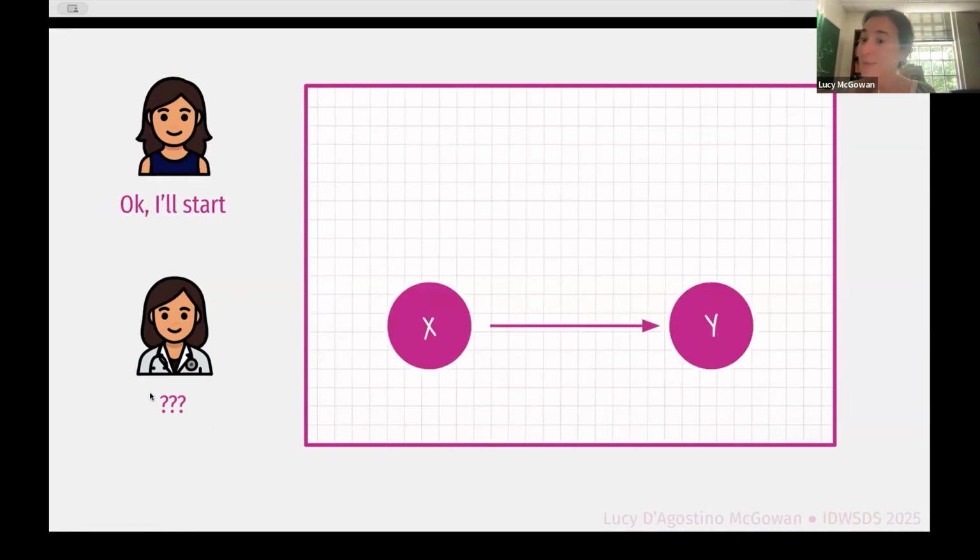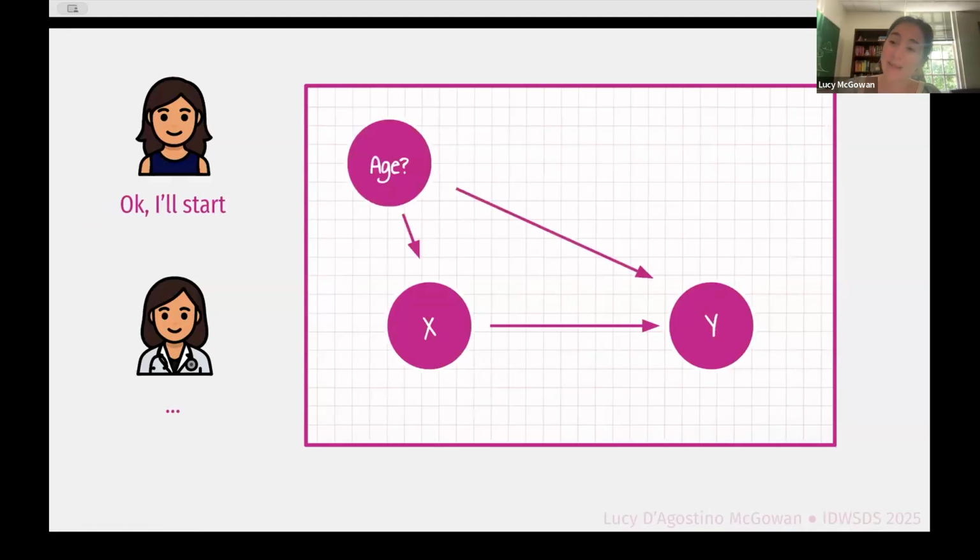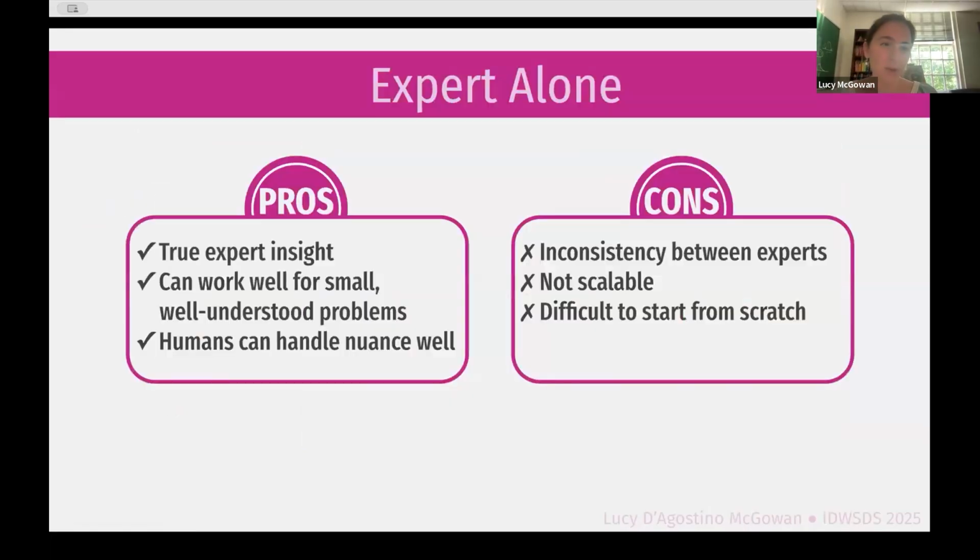And so then I will say something like, okay, I'll start, and I'll say, we're assuming based on the question that you've told me that we think X causes Y. And so now draw all the other things that are related to X and Y. And often this can lead to not a lot of productivity. And then I'll do something like, oh, maybe age should be in there. And this process can sometimes get it going, but it can be challenging to start from a blank piece of paper.